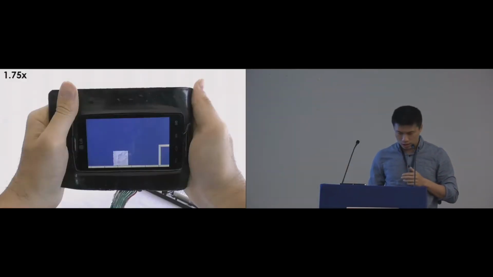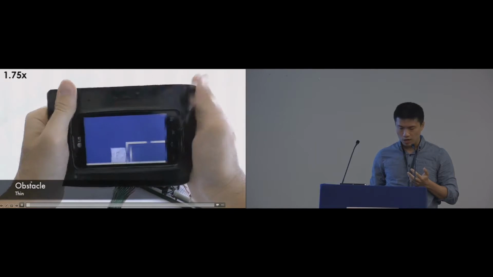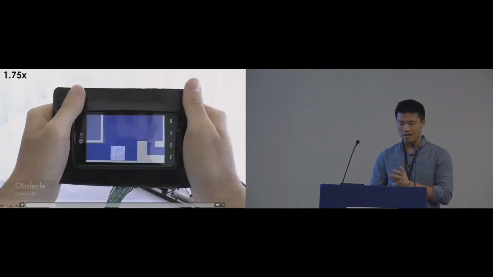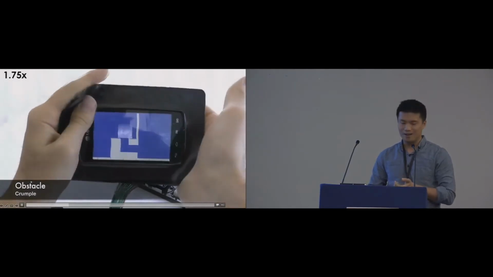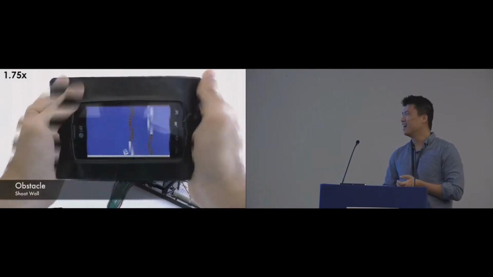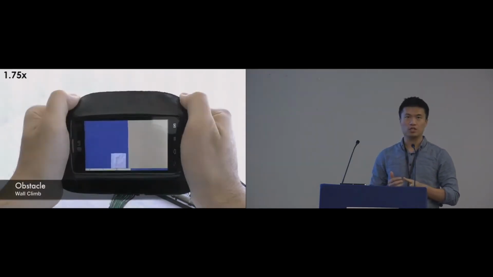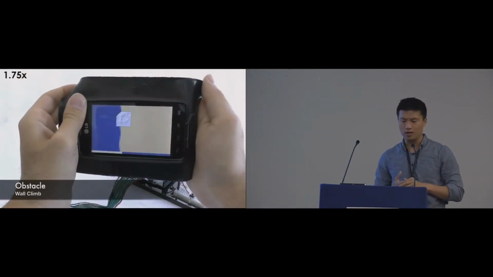So here is a quick video of the game that we developed using only the bend gestures to play. If you were at the madness session, you have seen the same video. It's sped up so that we can finish watching it in 30 seconds. But the idea is you use only the bend gestures. You do not touch the screen at all. You do not issue any voice command or whatnot.